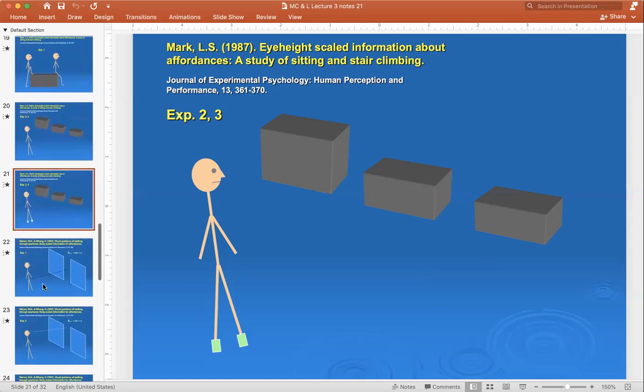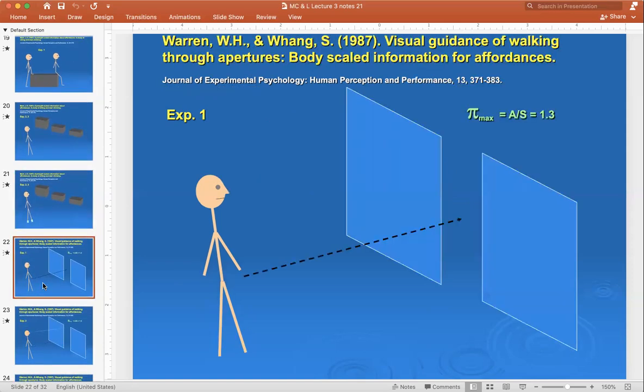So then Bill Warren did another experiment, looking at gaps in walls. People would walk through a gap in a wall, and the doorway width would be changed from trial to trial. He measured their shoulder width, and he found that no matter what shoulder width you had, whether narrow or wide, you would turn when the gap was 1.3, or 130%, of your shoulder width.